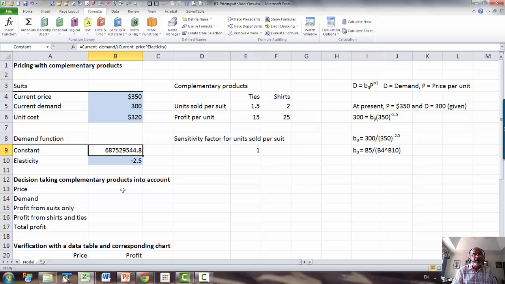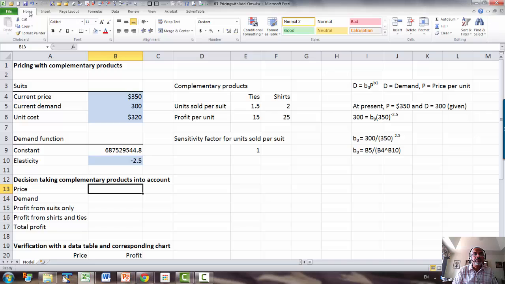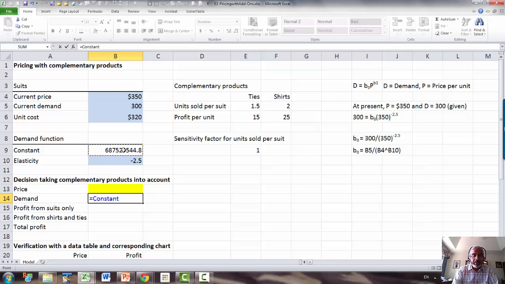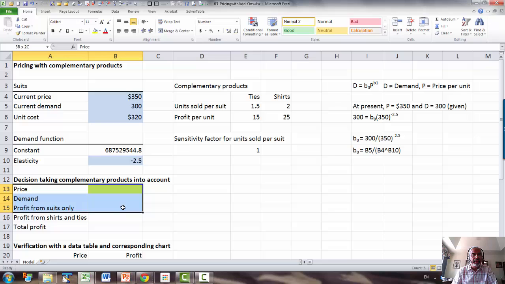Okay. Now price is what we want to find. That's our changing cell. So the demand will be constant times price to the power of elasticity. Let's give all of these names.